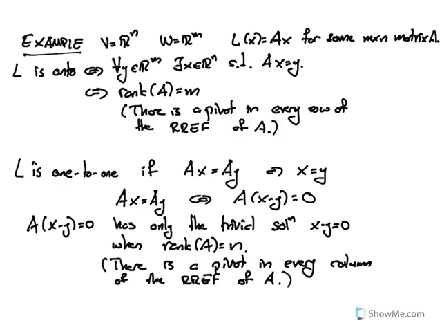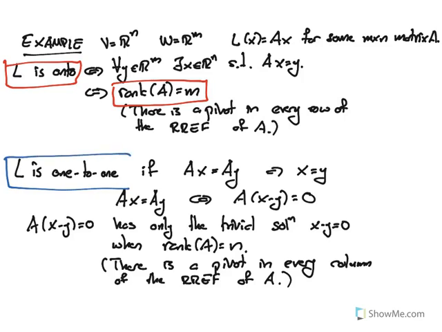All right, so let's highlight this. So L is onto if and only if the rank is equal to m, and L is one to one if and only if the rank is equal to n. So notice in particular that if the matrix is square, then A is onto if and only if it's one to one.